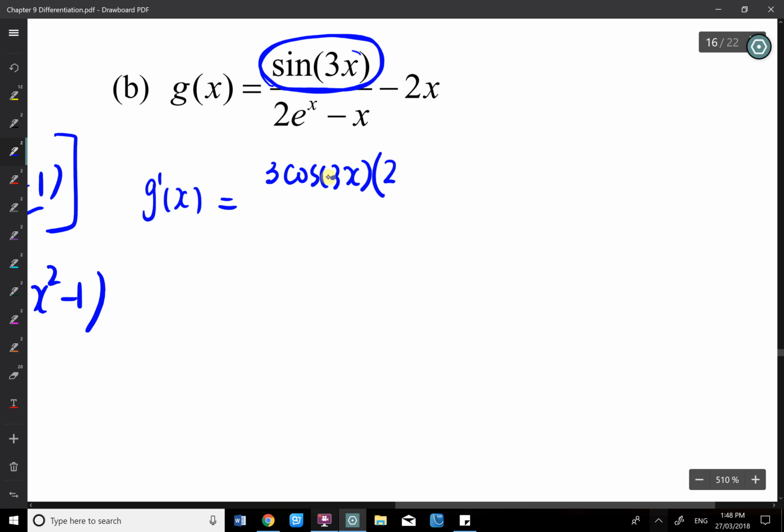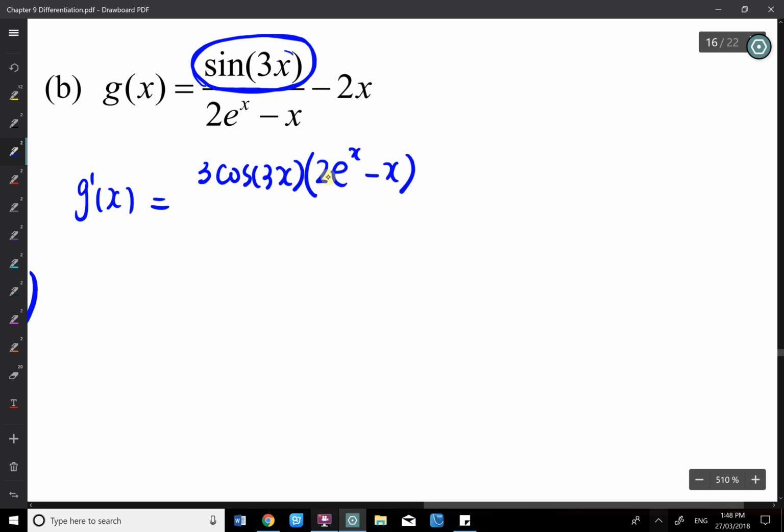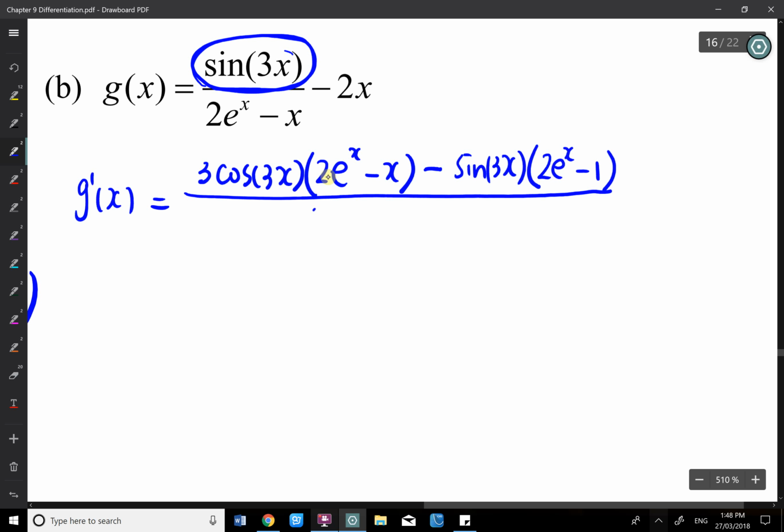Then you times with the bottom. And that needs to be minus, you keep the top and derive the bottom, that is 2e^x minus 1. Okay, that's what the top looks like, over 2e^x minus x, and then squared.